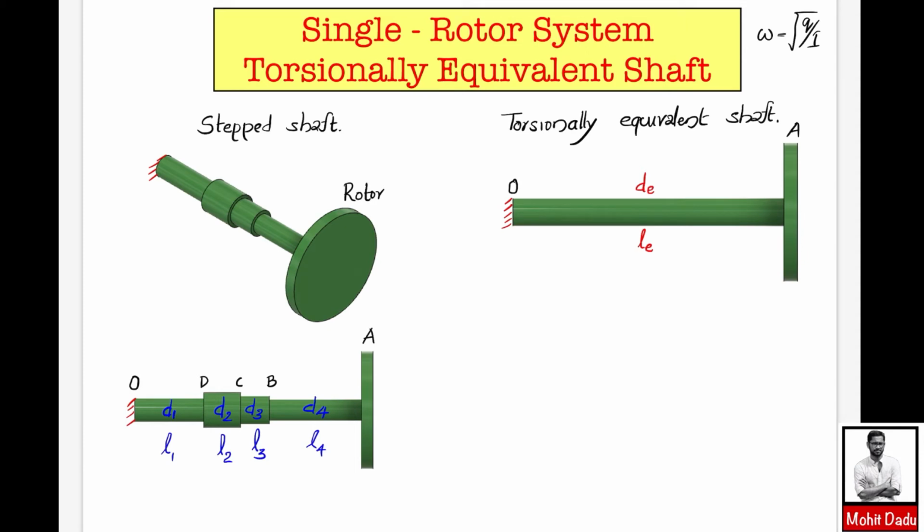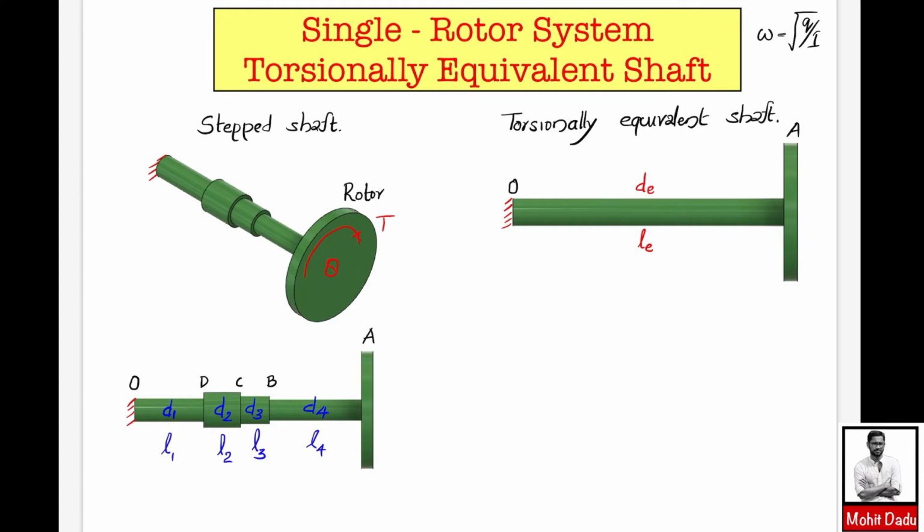And what is that same effect that we will be seeing now? Suppose here you are applying some torque at this rotor end. That means you are applying some twisting by applying this torque. So this end will have some angular deformation theta.